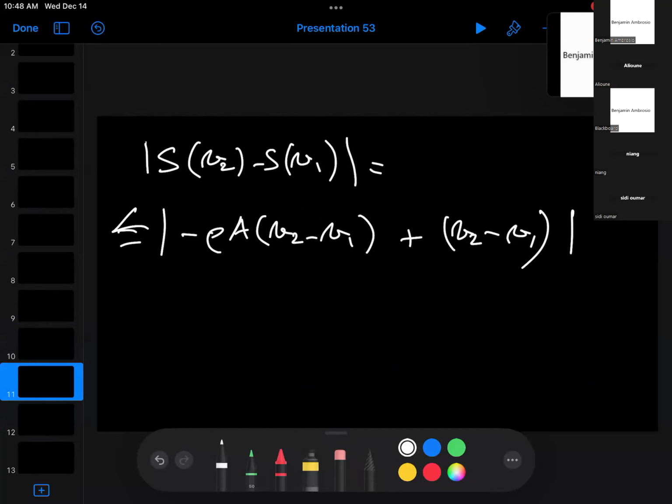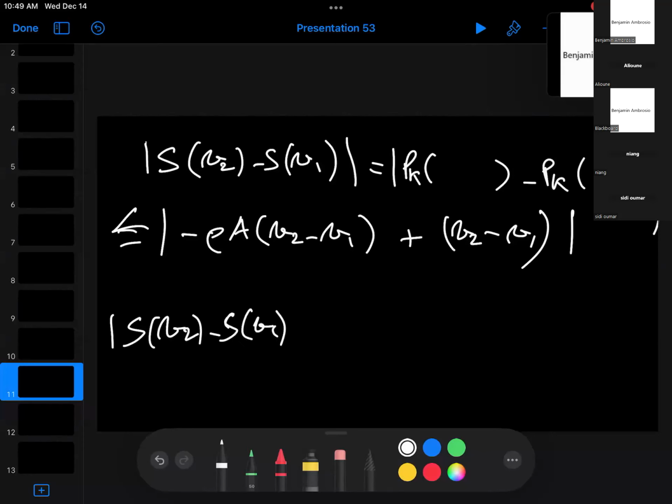Right, because this is P_K of that minus P_K of the other, and then I can obtain that. All right, so that means that if I take the square, this will be less than. So now I develop, because this norm is associated with the scalar product.